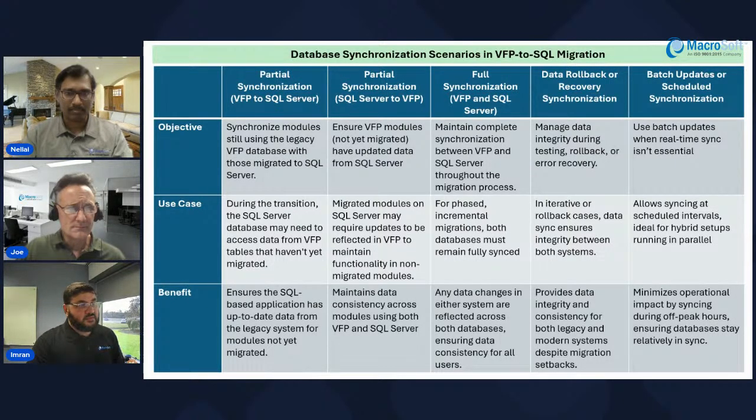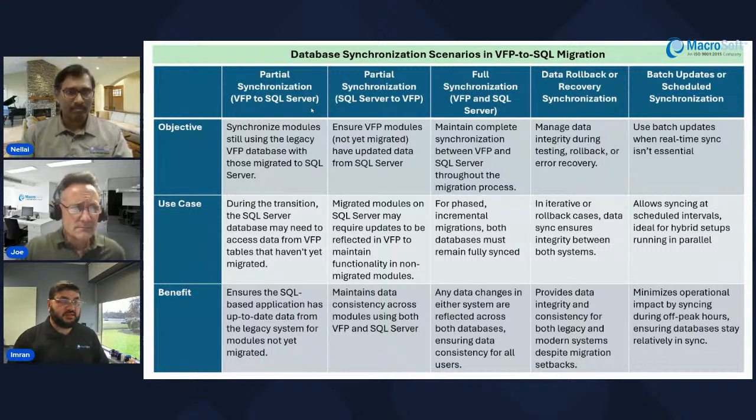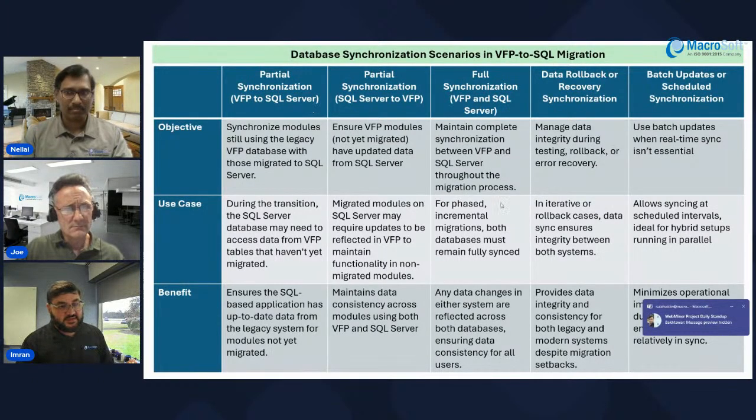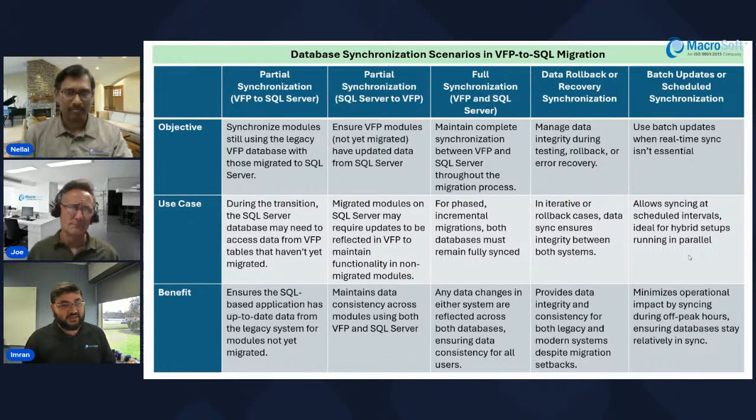The first two are very common: partial synchronization, which requires the data to be synced from VFP to SQL or SQL to VFP. In these scenarios, as we are migrating the modules, we release those modules in production, but they are still using the VFP tables which are not migrated yet, or the VFP application is using a table which has been migrated to SQL Server, so they still need to access those.